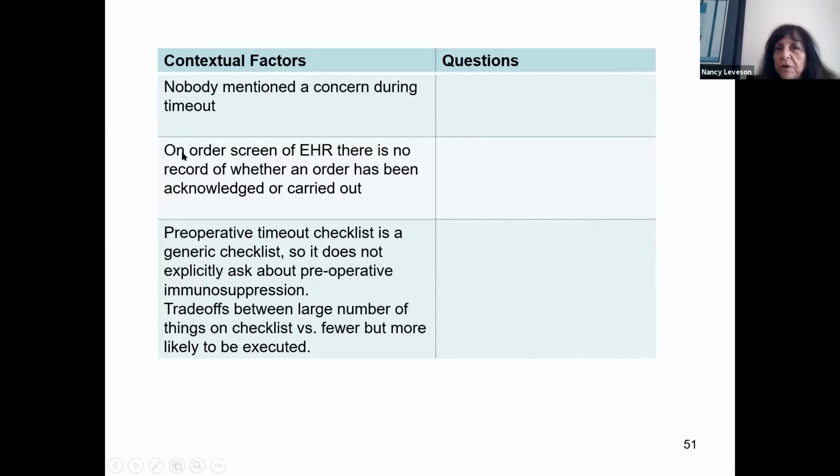On the order screen of the EHR, there's no record of whether an order has been acknowledged or carried out. All of this is on the EHR, on this electronic screen. EHRs have been a disaster. The government decided everything had to be electronic, and they forced hospitals to do this, some with both carrot and stick.